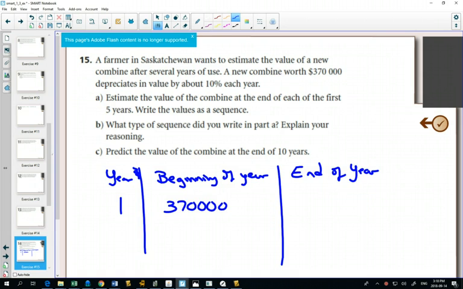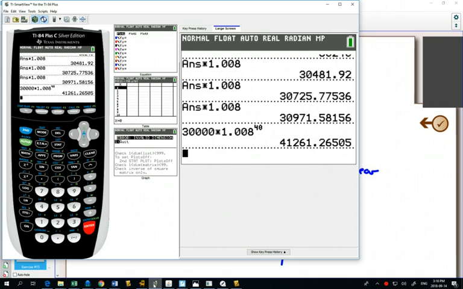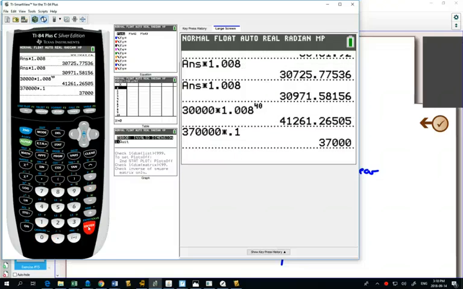So we could do the same thing as we did last time, multiply and then subtract. Okay, we could take $370,000, multiply it by 10%, find out that it's going to be worth $37,000 less, and then take $370,000 and subtract that value.